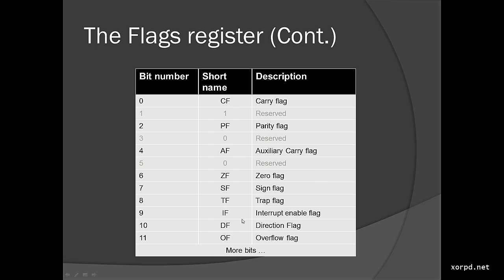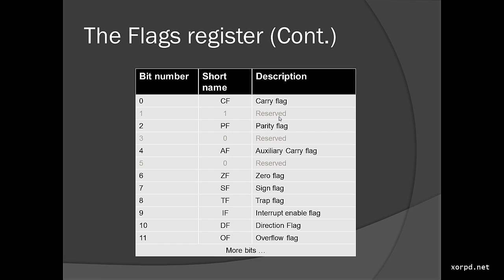There are pretty much flags. I only mentioned the flags until number 11. There are more flags if you go on. First, I will mention the ones that are reserved. There are some bits in the flags register that are not used. This is what means that they are reserved. They are reserved for maybe some kind of future use.